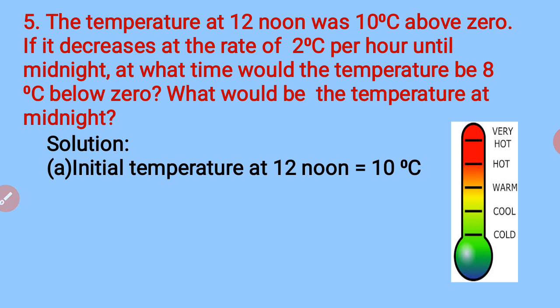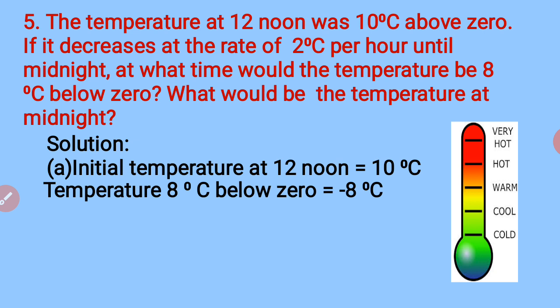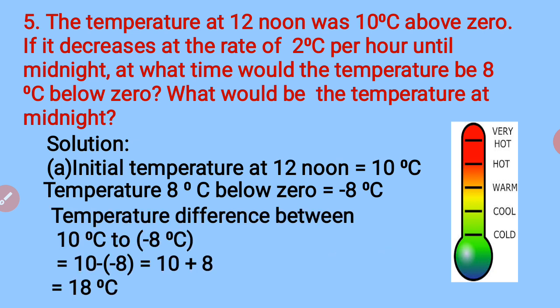Initial temperature is 10 degrees Celsius at noon. Temperature 8 degree below zero actually means minus 8 degrees Celsius. Now children, let us find out the temperature difference. It starts from 10 degree above, reaches 8 below zero. So the total difference in the temperature is 18.